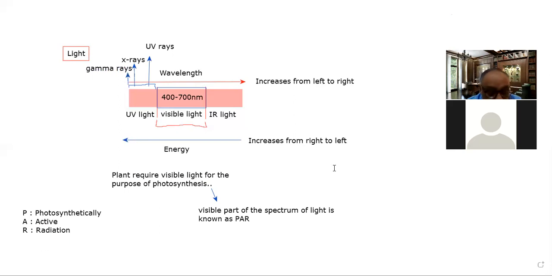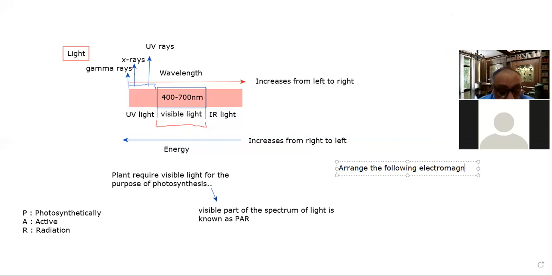In examination, a question can be asked: arrange the following electromagnetic waves in the ascending order of their wavelength.